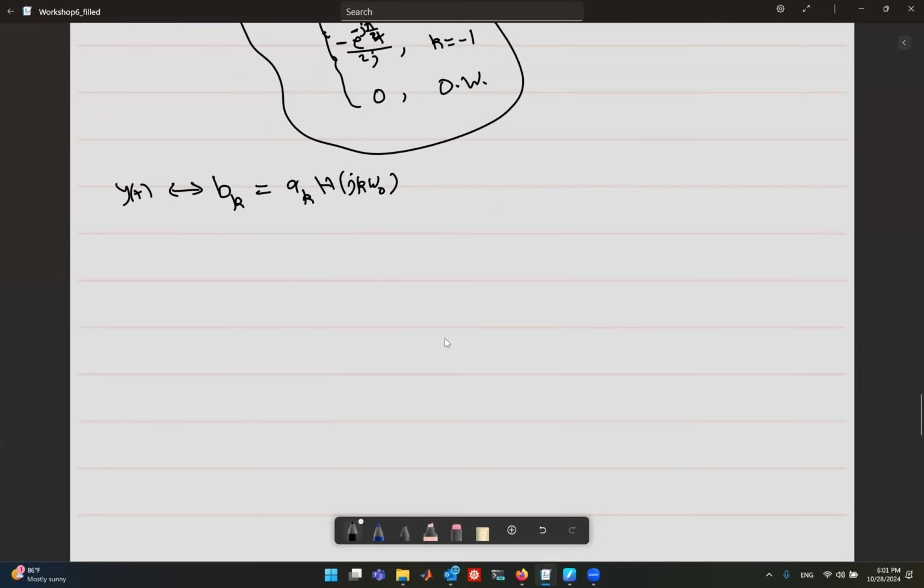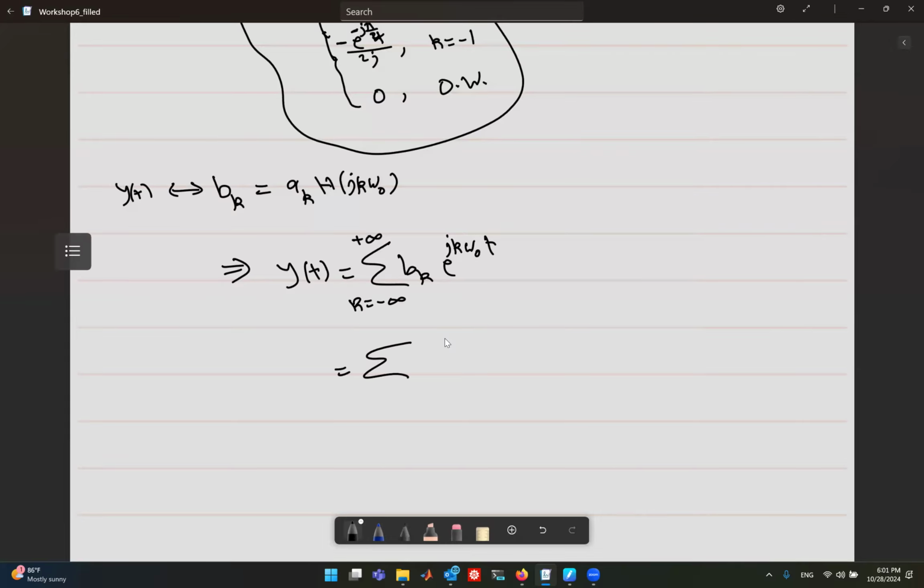To find the Fourier series representation of the output, we just do the summation from minus infinity to plus infinity of b_k exponential jk omega naught t, which is the sum of a_k H(jk omega naught) exponential jk omega naught t.